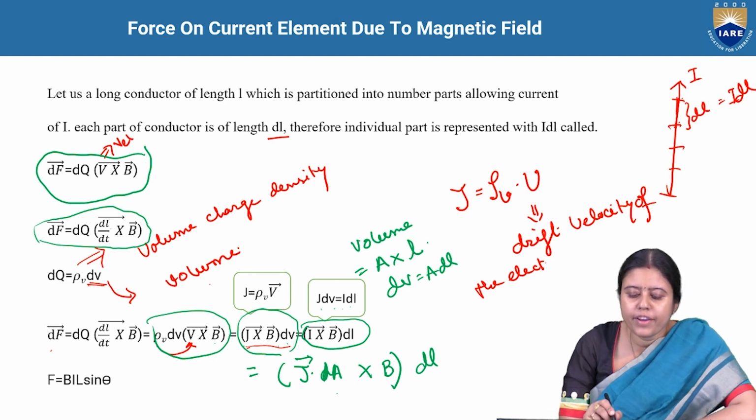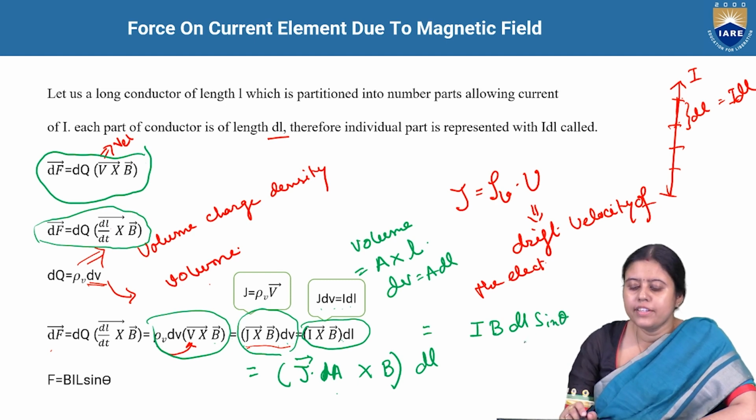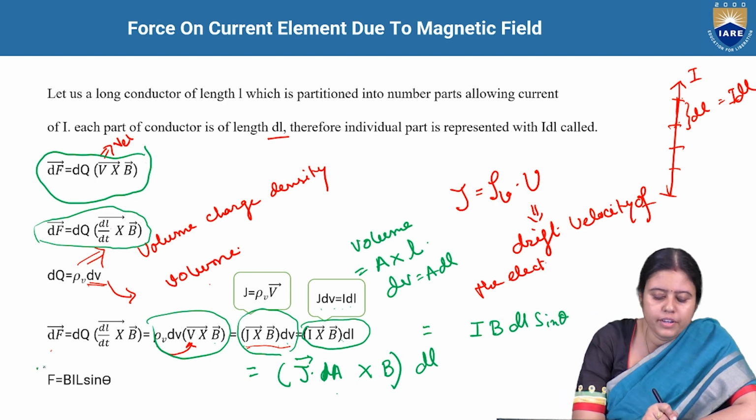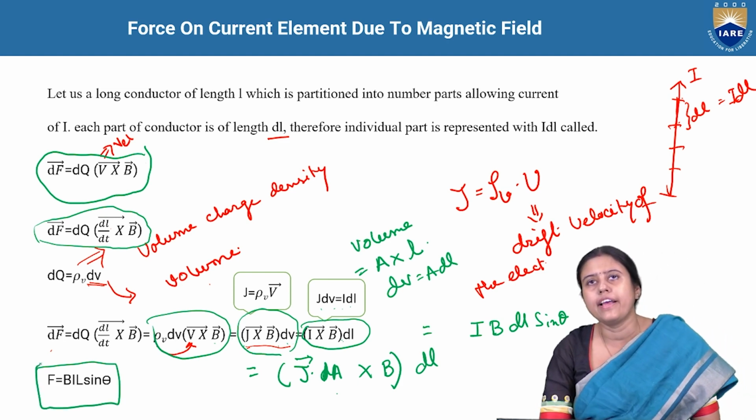And if we integrate the equation, what is I cross B? I B dl sine theta. And if we integrate it over the length, we will get the force is equal to BIL sine theta.